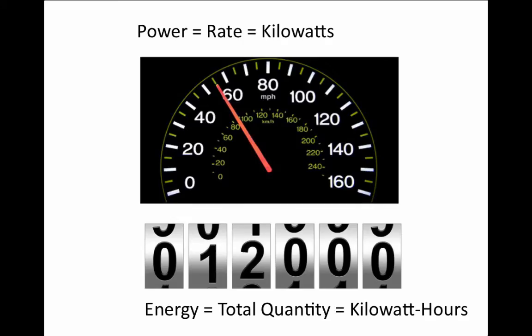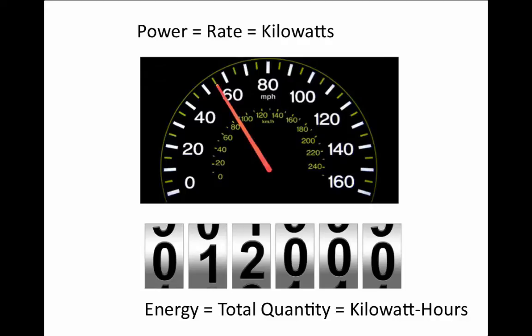Now again, I want to go back to this idea about power being a rate at which energy is produced and consumed, and energy being a total quantity. Another place in which you see these two different ways of thinking about something is in the speedometer of your car and the odometer of your car. The speedometer tells you how fast you're going at any instant, 60 miles an hour, 70 miles an hour, and it changes all the time. But your odometer clicks off how many total miles you've gone.